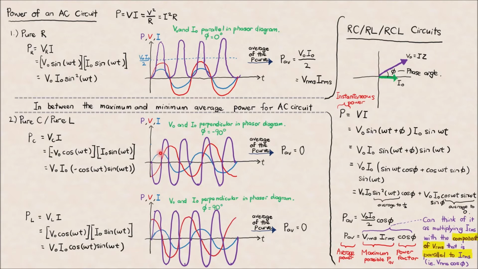So the peak for the current actually translates to a 0 for the power curve. Once you reach a peak, you're actually reaching 0 for power because you're multiplying something big with 0 for the voltage. It's the same idea also for the peak of the voltage. The peak of the voltage is this peak for this red curve over here.